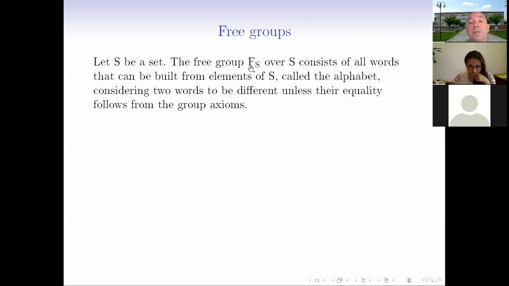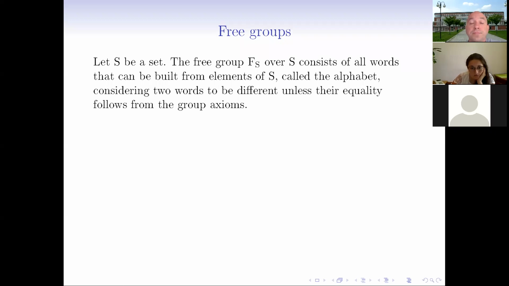Then the free group F_S over S, or generated by S, consists of all words that can be built from elements of S. The elements of S are then called the alphabet. So we take every word, but not really every, because they're not all the same, because otherwise we would get what is called a magma, which is not our task.